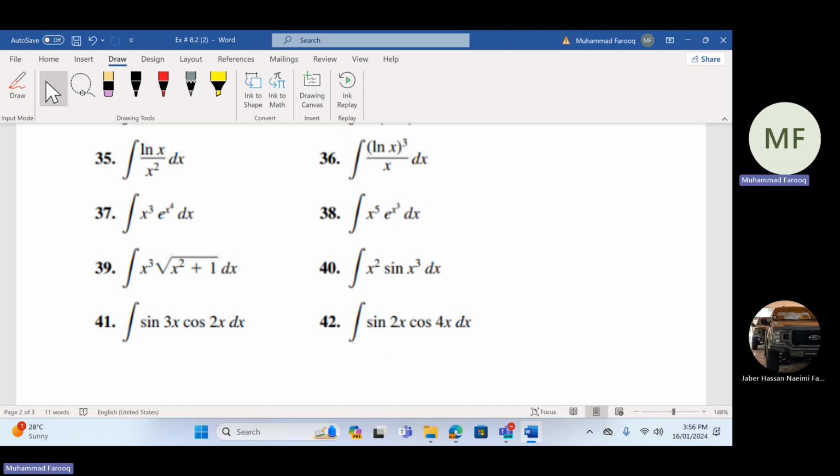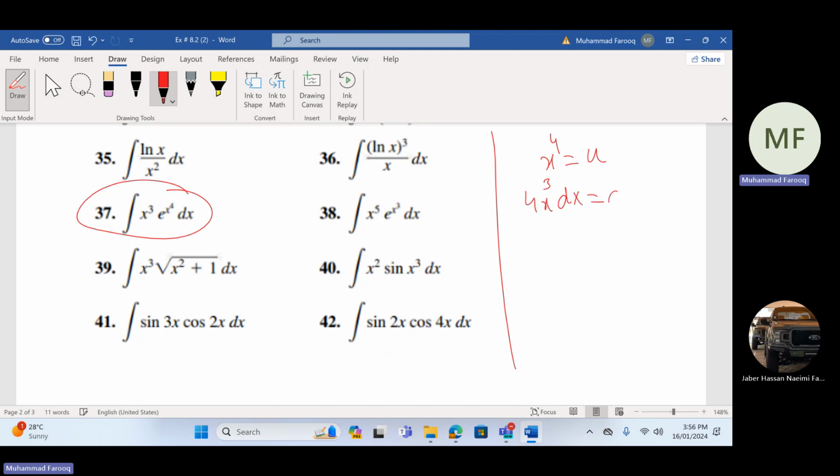Let's start substitution in question 37. What do I take? x power 4 is u, and 4x cube dx is equal to du. So x cube dx is basically du over 4.